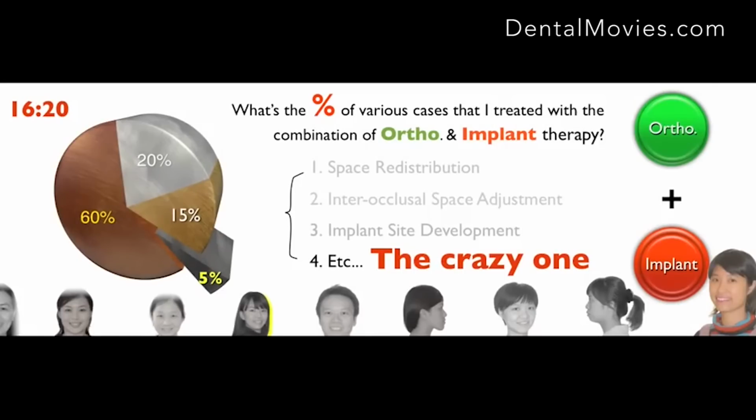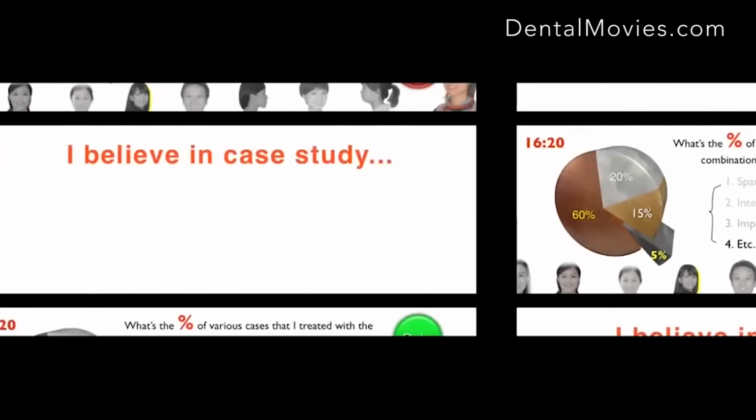So let me find a crazy one. Since we are crazy to place an implant, it will be appropriate for the last case that we take that implant out. So before I give you that case, I want to tell you what I truly believe.